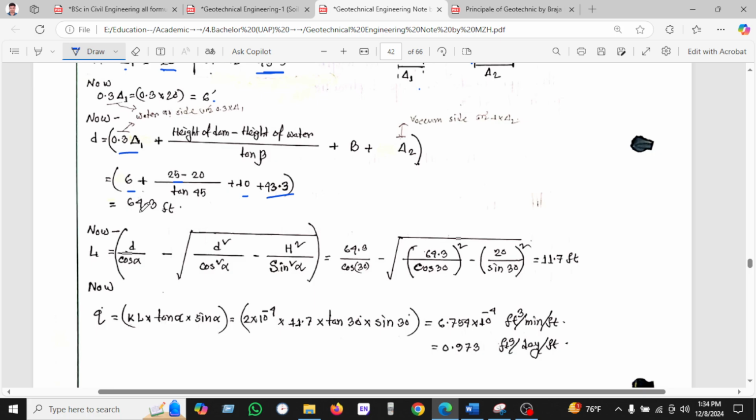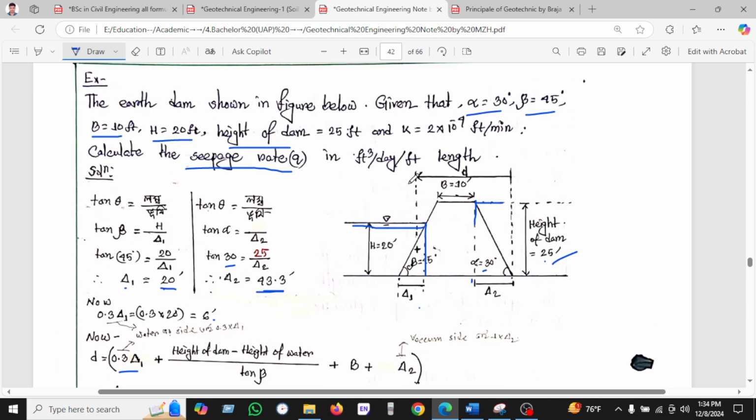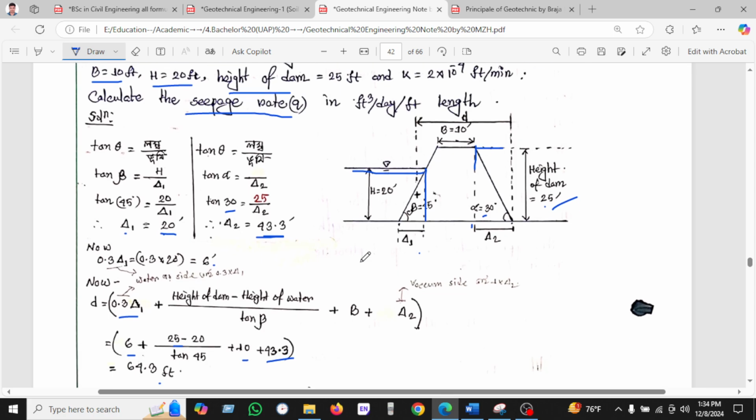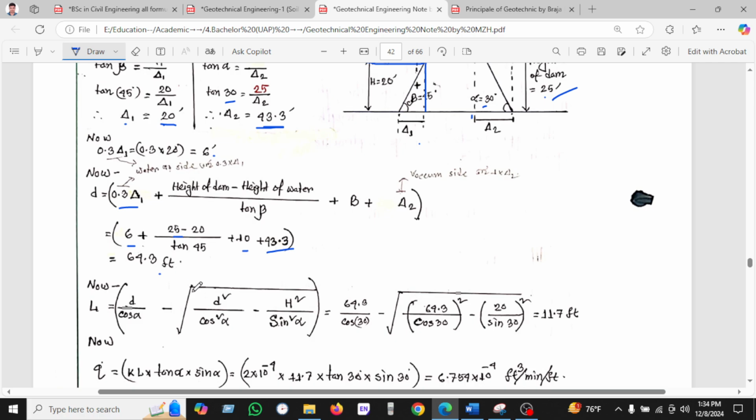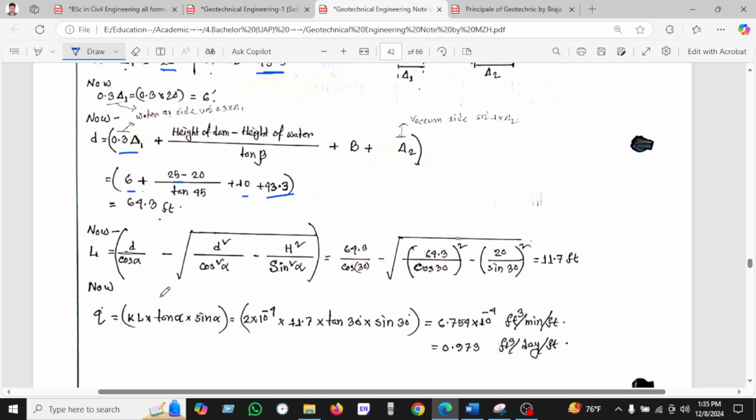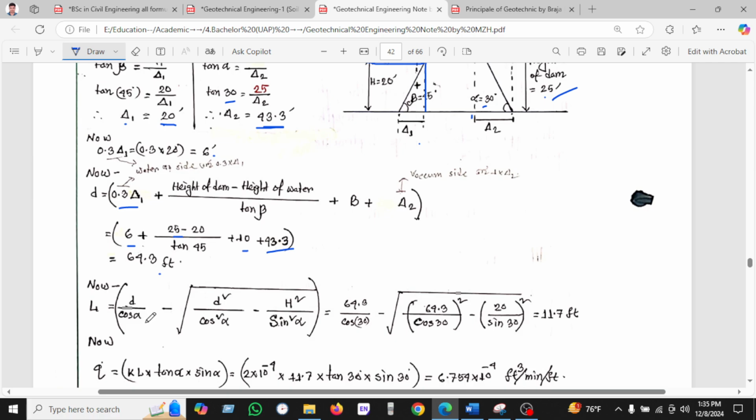We found 64.3 feet. So this is the dam width, D, 64.3 feet.